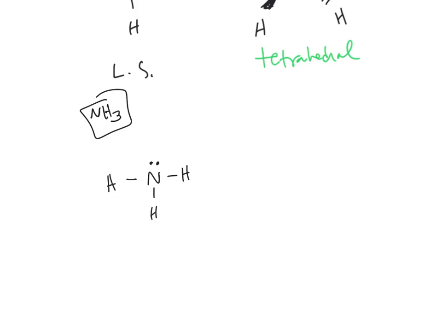And the question is how many groups of electrons? And the answer is 4. You include the lone pair. Therefore, you draw it as a tetrahedral.